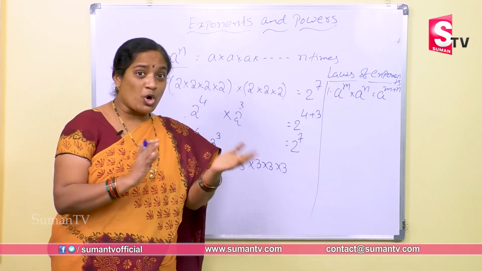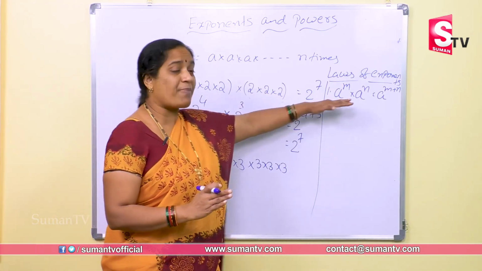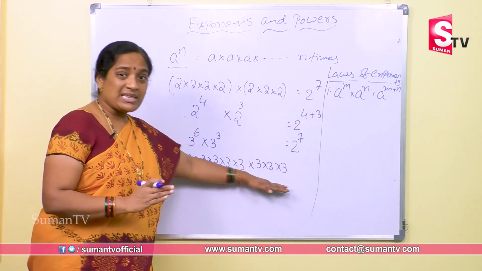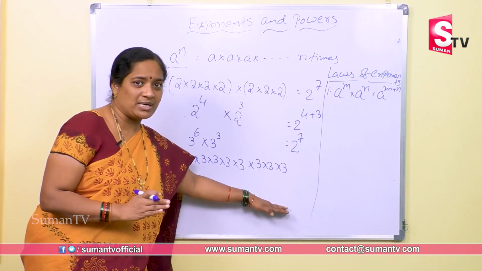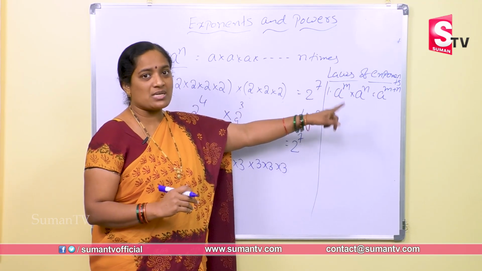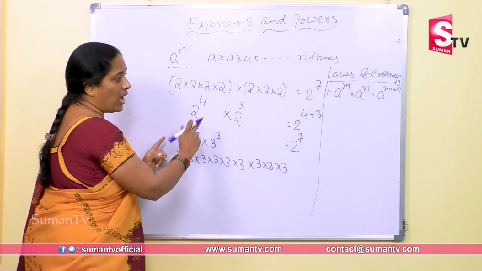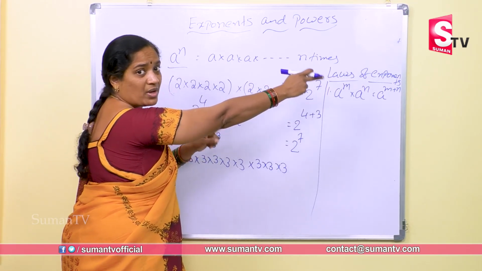So those things should not happen. When they should not happen, you have to apply the laws. These mistakes won't appear, right? That's why it is better to apply the formulas. How to apply the formula? 3 power 6 into 3 power 3. Now you can compare with the formula. What is the formula?